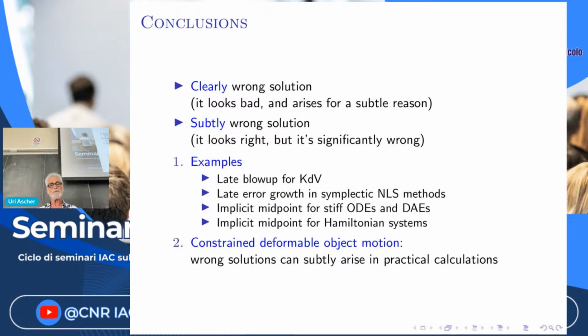And I showed you examples of KdV method problem, nonlinear Schrödinger, stiff ODEs, and Hamiltonian systems, implicit midpoint, and then constrained deformable object motion, which is a problem that many graphics people are interested in, and robotics people are interested in these very days. Thank you very much.